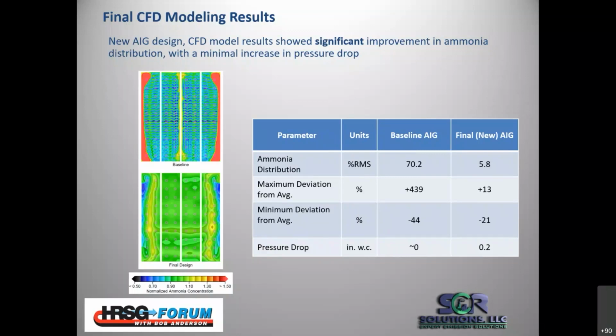And then from there, we were able to sneak it down to close to 6%, which was great. It met the catalyst supplier's requirements, and you can see the pressure drop. The existing pressure drop caused was 0 because they're just 2-inch pipes in a very large duct. All we did was the mixing baffles, which just added a little bit of back pressure, but you can see it's pretty small in comparison to the improvements.